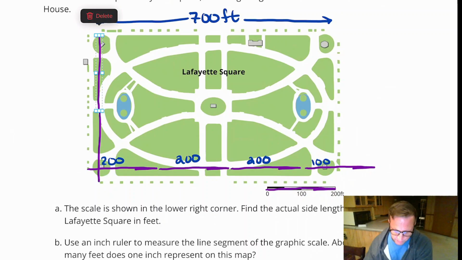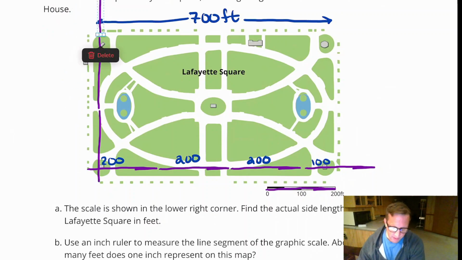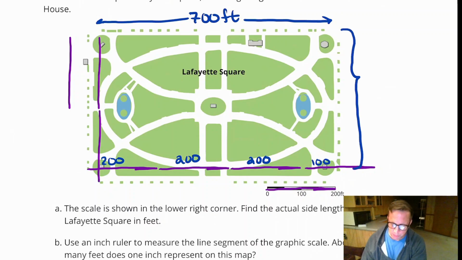So that's like 200, and then I don't know. I think I'm just gonna use 200. Why not? I mean, you could put 210. I don't care, but I'm gonna do 200 feet that way.